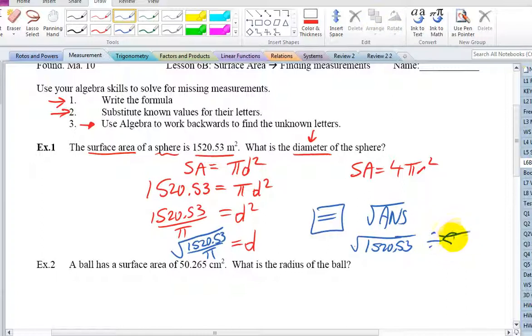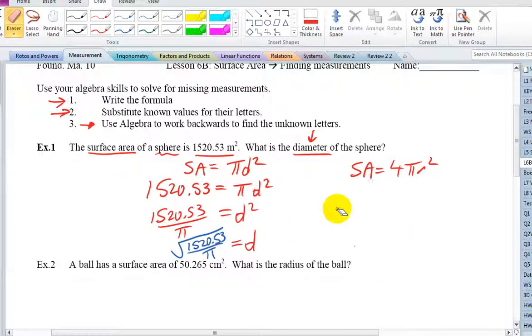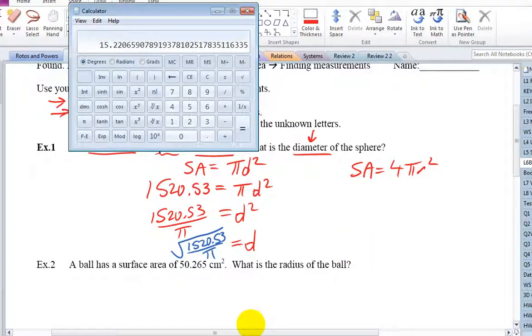Okay, you don't want to do that. So do your division, press equals, then square root the answer. So on my calculator, if you have one like me, 1520.53 divided by pi equals, and I just hit the square root button because it's an old school calculator.